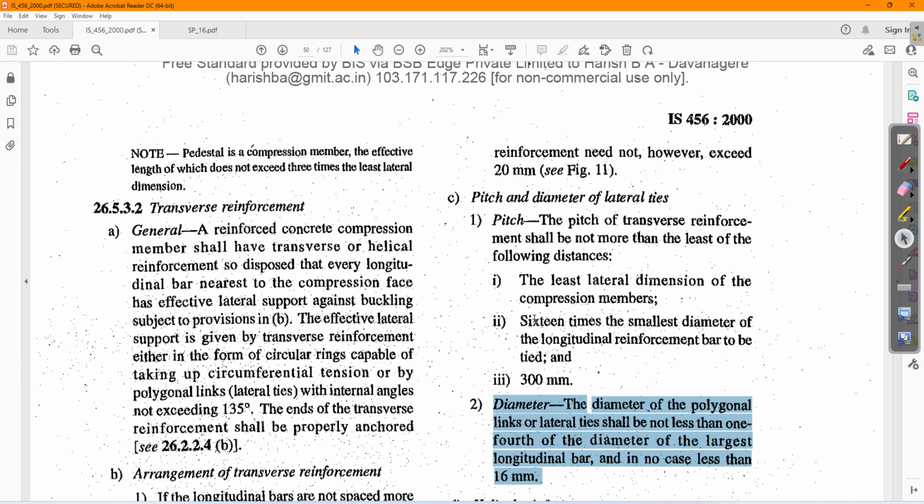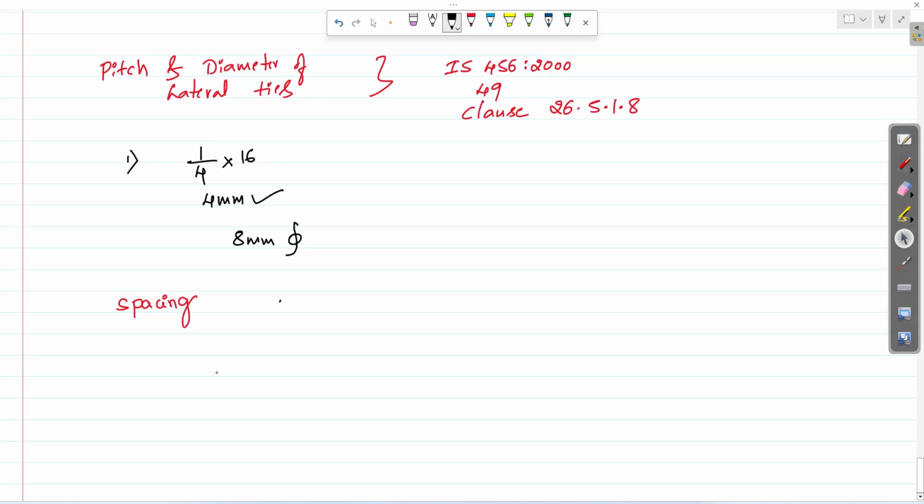Second one will be 16 times the smallest diameter of the longitudinal reinforcement bar to be tied. Third one will be 300 mm. So first one is the least lateral dimension. Your column size is 300 by 500 mm, so least lateral dimension is 300 mm.